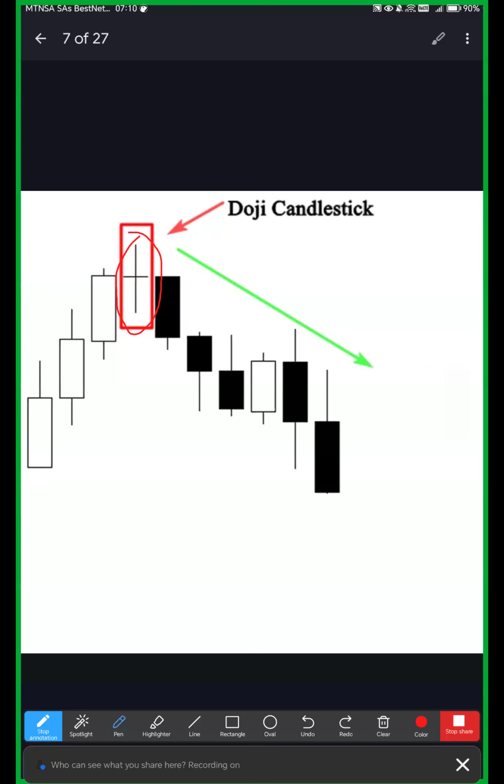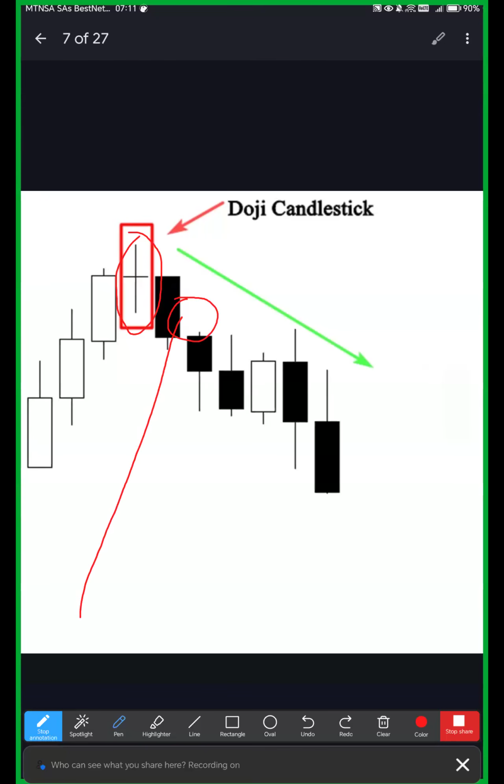And the other thing is to locate these dojis. If the market was trending upward, then you are going to see dojis at the top of the uptrend, where prices normally are rejected.